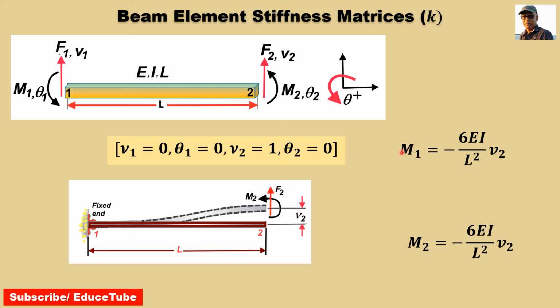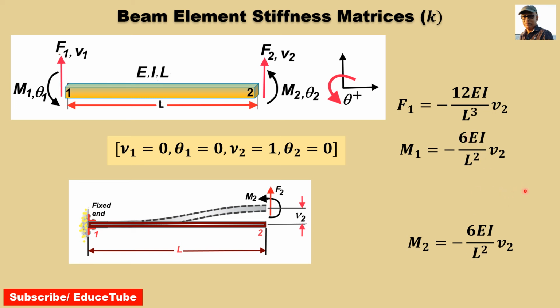So the applied moments M1, M2 are in equilibrium with the reaction forces F1 and F2. Only then we can write F1 equal to this plus this divided by L. I mean, this plus this, how much comes?